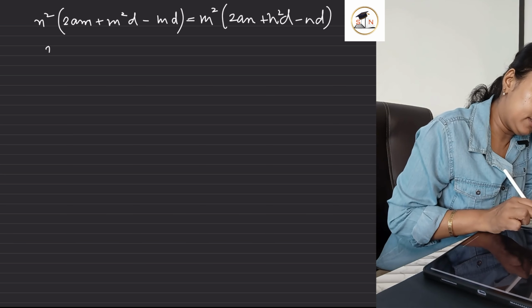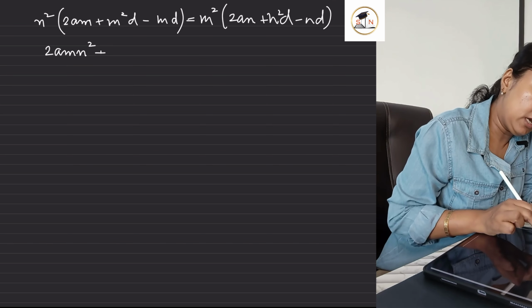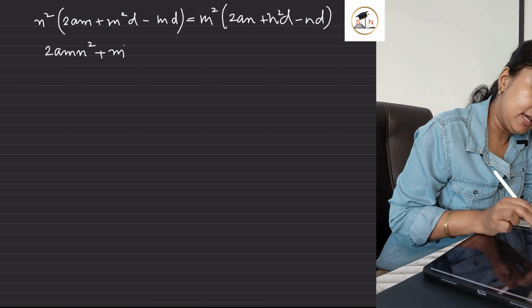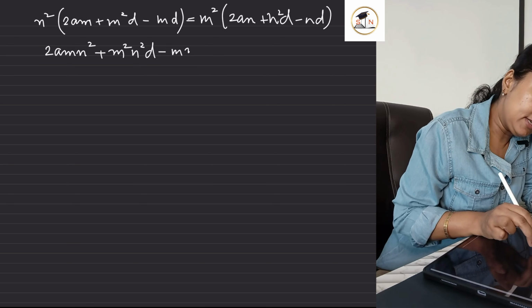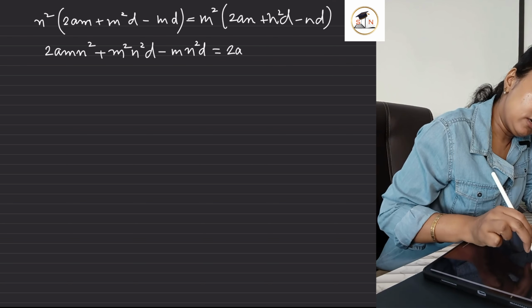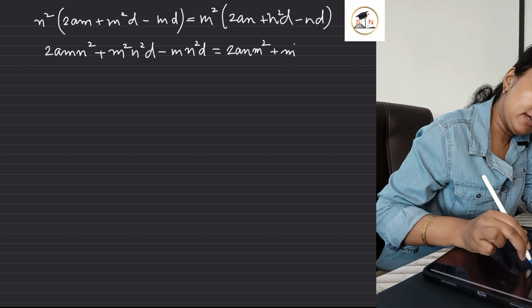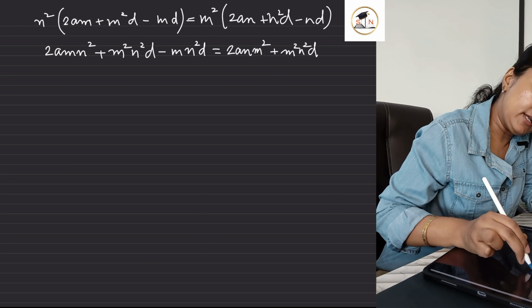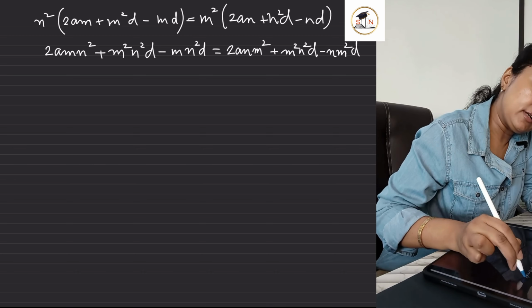Okay, we will expand things. We will have 2am n square. Be careful in doing these expansions. m square n square d minus m n square d equals 2an m square plus m square n square d minus n m square d.